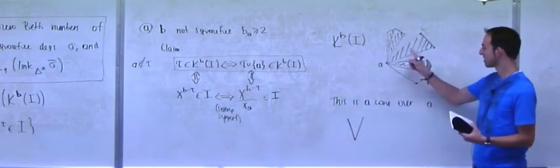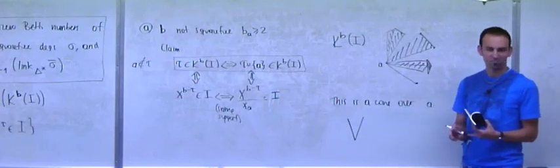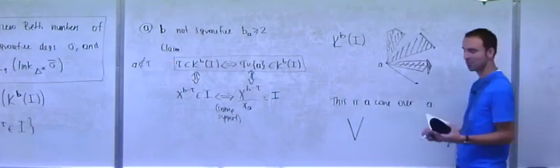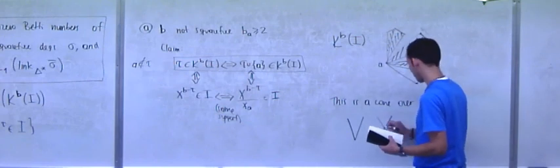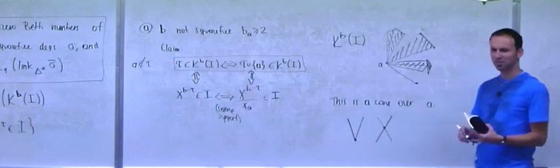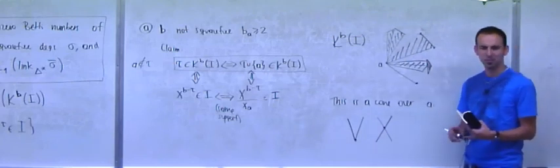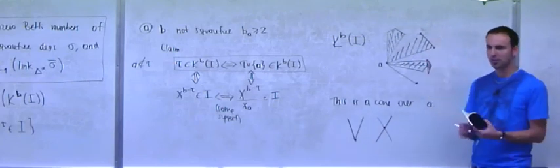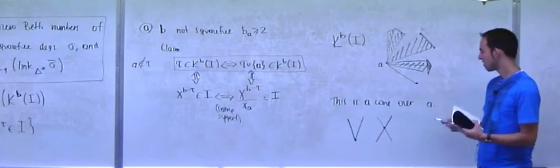It kind of looks like this. What else is a cone? X is a cone over this point. W is not really a cone because there's not a central point. Anyway, Y is also a cone.